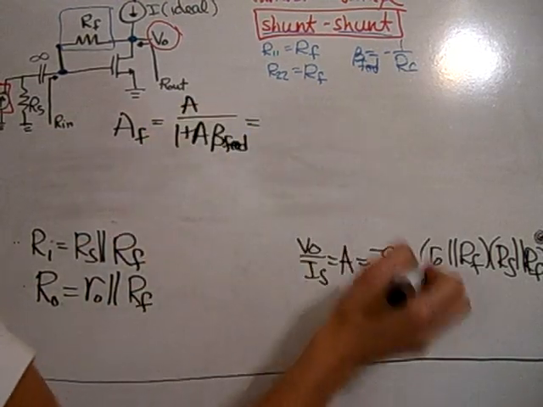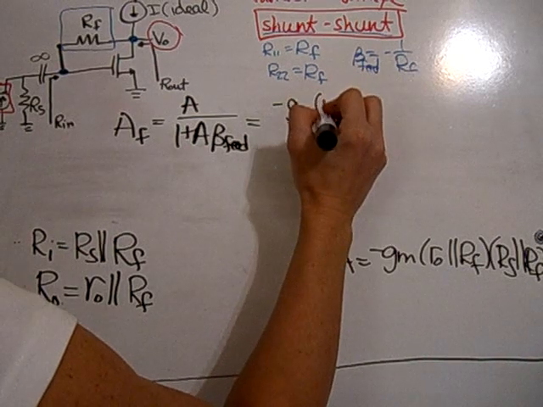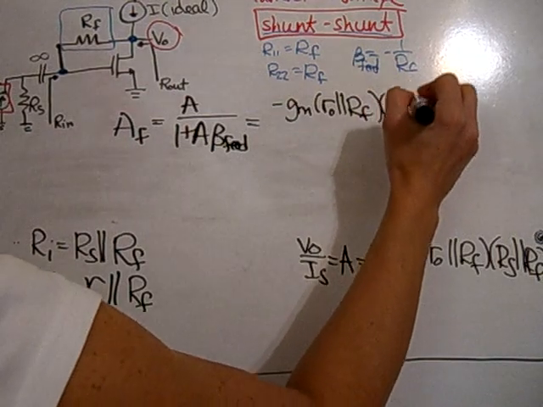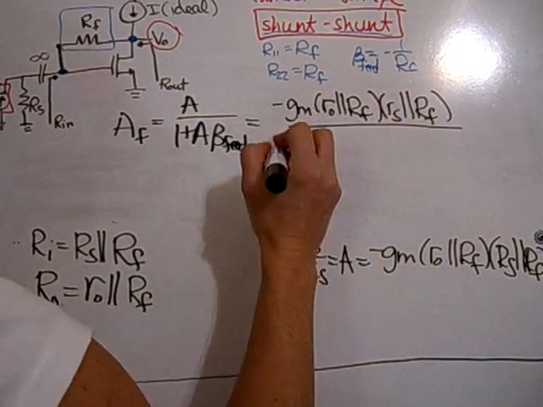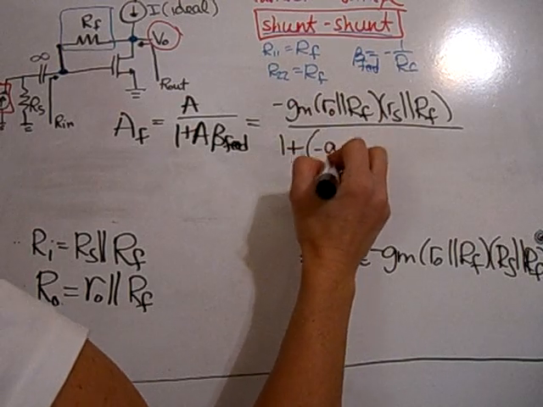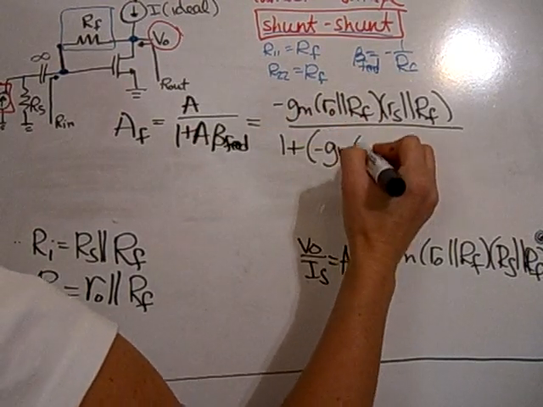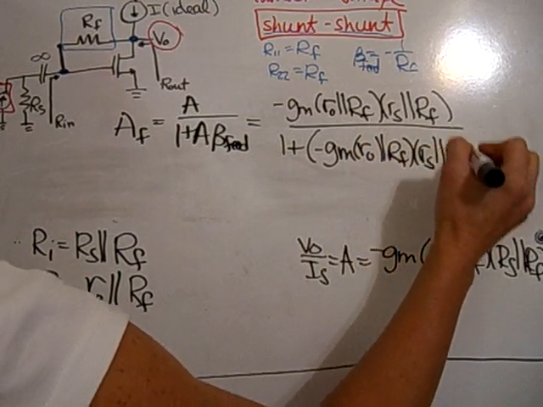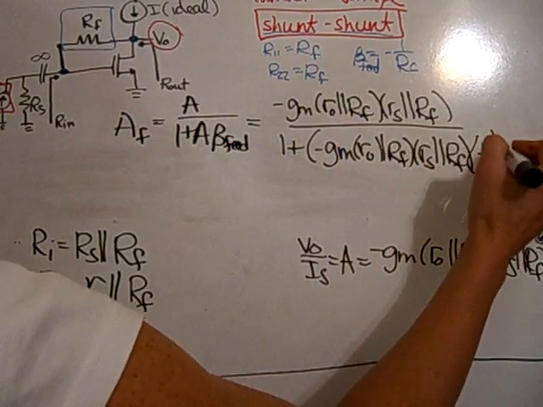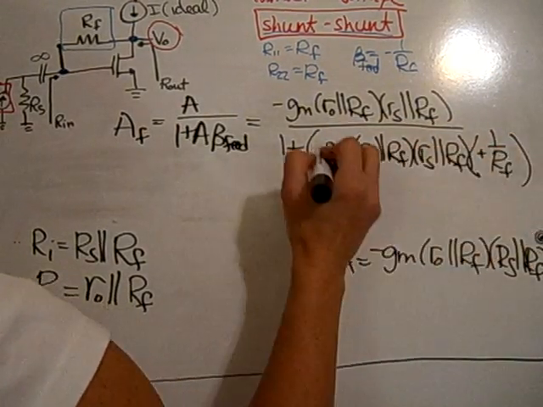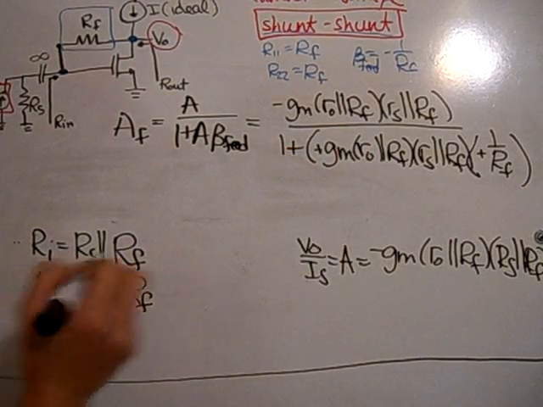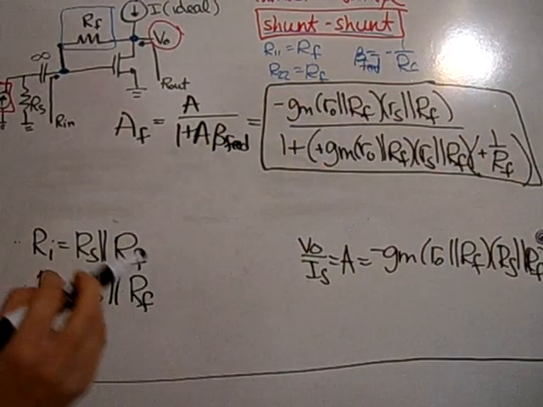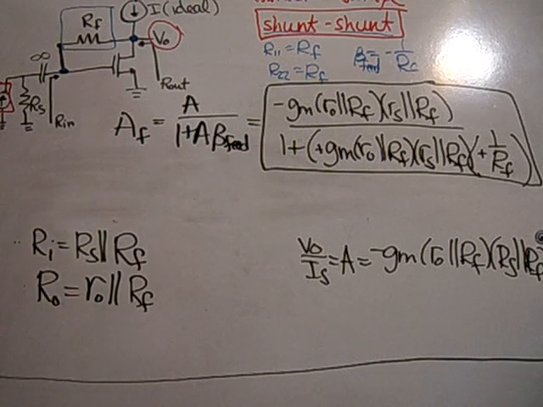So I get A is a minus gm, RO in parallel with RF, RS in parallel with RF, all over 1 plus, again, A, which is a minus gm, RO in parallel with RF, RS in parallel with RF, times the beta feedback, which is a minus 1 over RF. So these minuses cancel and give me a positive term. So this is my AF value, and this is the feedback gain that we'll have for this particular circuit.